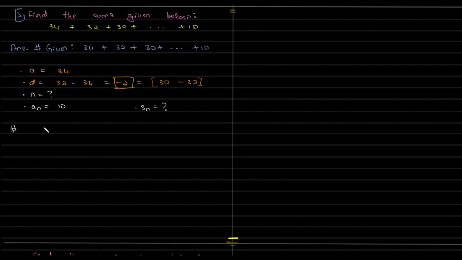As usual, we'll start with calculating n. So we have an is equal to a plus (n minus 1) into d. So 10 is equal to 34 plus (n minus 1) into d, being minus 2. Simple calculation: transposing, it will be minus 24, and transposing this, minus 2.